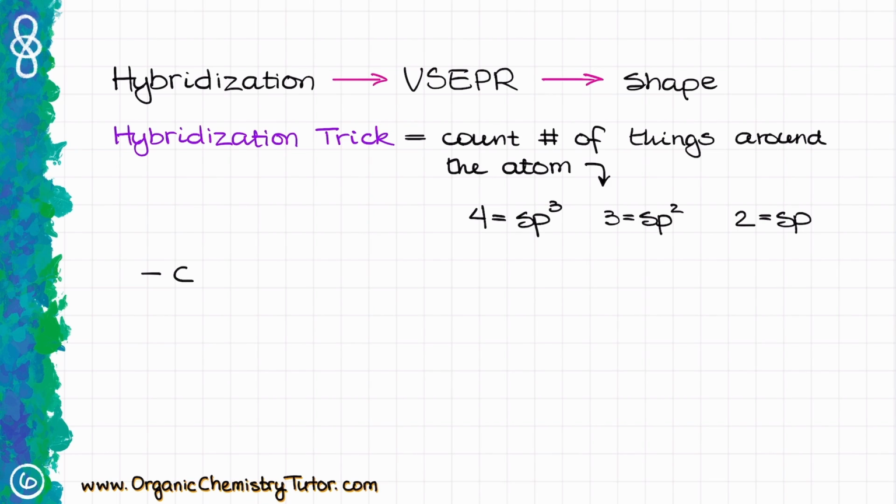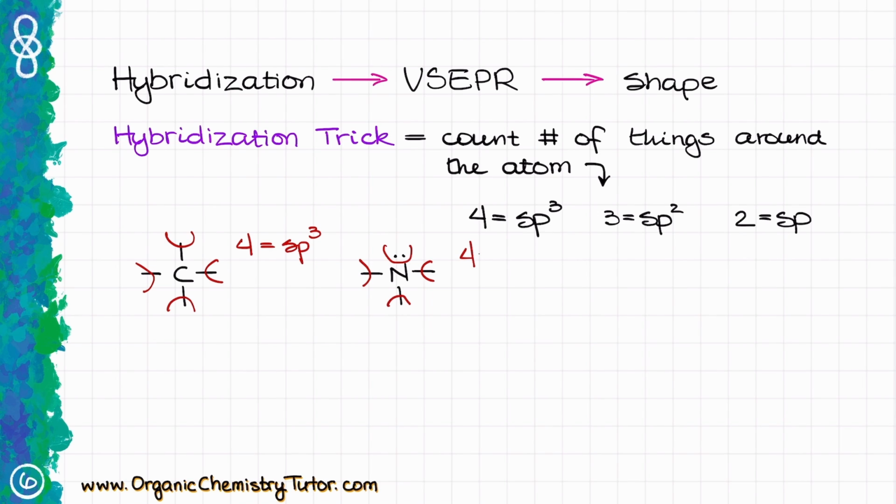So let's say I have carbon with 4 bonds around that. Well, that carbon has 1, 2, 3, 4 things around that, which means that that one is going to be an sp3 hybridized species. Or let's say I have nitrogen with 3 bonds and electron pair. When it comes to the things, I'm going to count 1, 2, 3, 4, because an electron pair is a thing, so to speak.